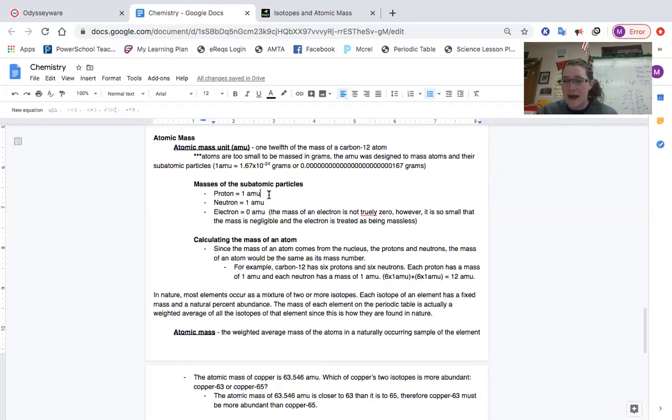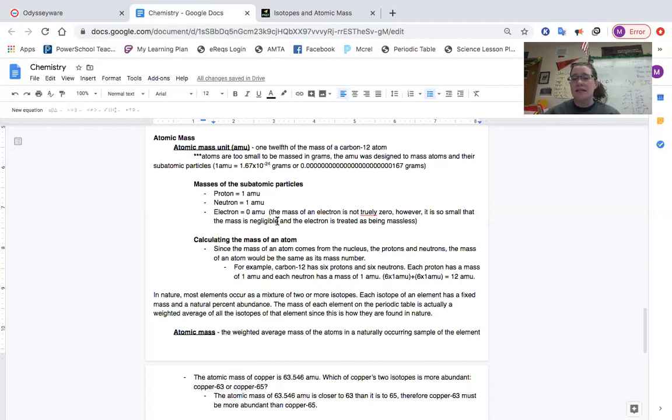They do have a mass, but it's so small that it doesn't really affect the overall mass of the atom, at least in a way that affects any calculations that we may do with them. And so the mass of the electron is often considered 0 AMUs. Again, it's not truly massless. It's just so small that we consider it negligible, and so we say it's massless.